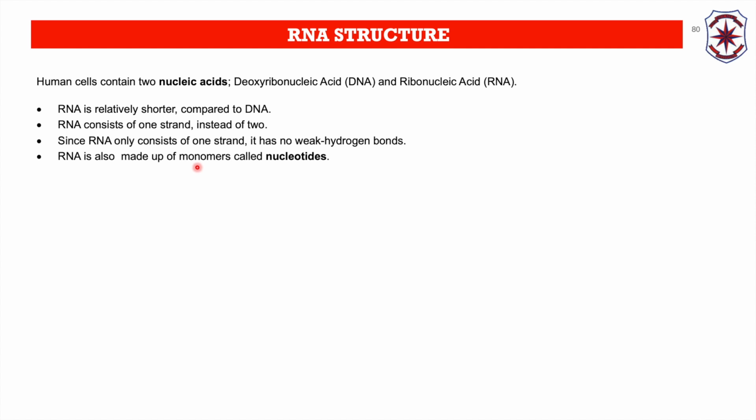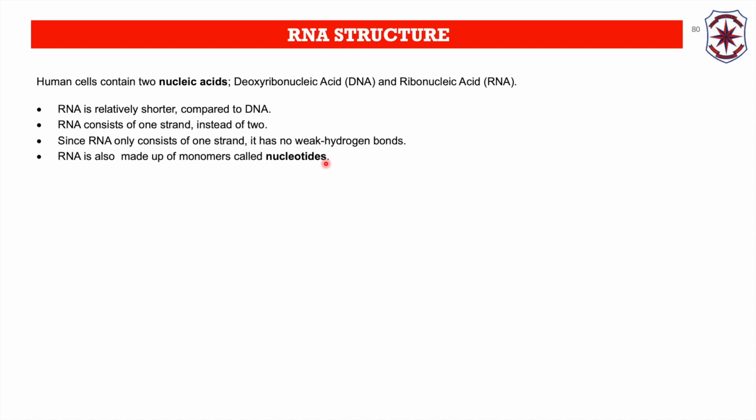Now, the monomers or building blocks of RNA and DNA, quite frankly, are called nucleotides. Both DNA and RNA contain nucleotides, but there are specific differences between DNA nucleotides as compared to RNA nucleotides.